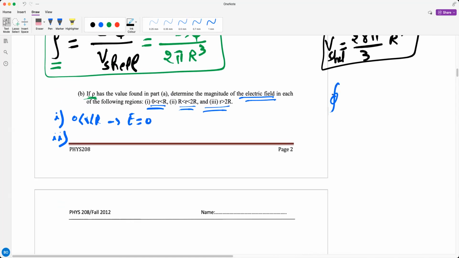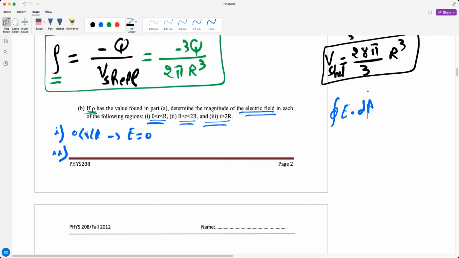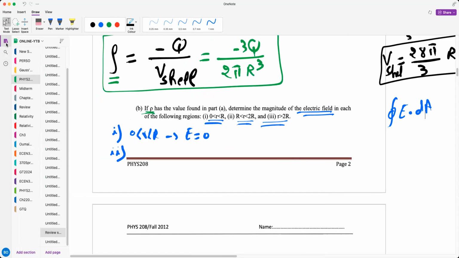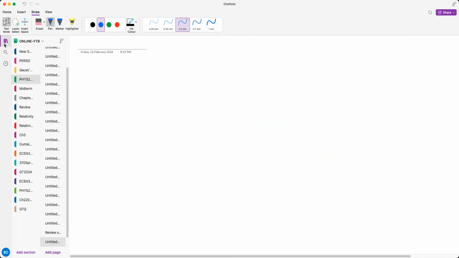So the Gauss law tells me that the electric field in that area... okay, let me first, you know what? Let me start a new page so that I can explain. I want to explain it in detail here.